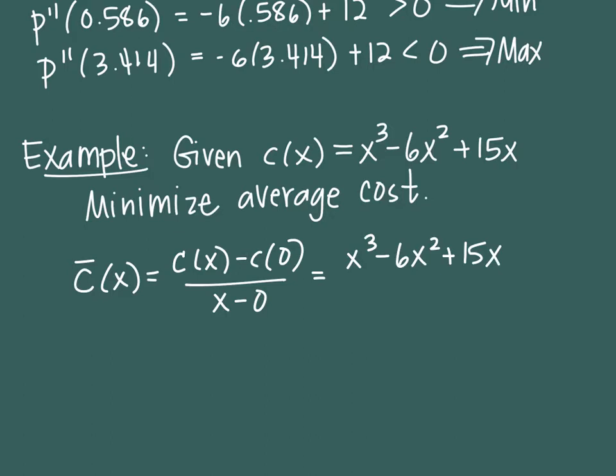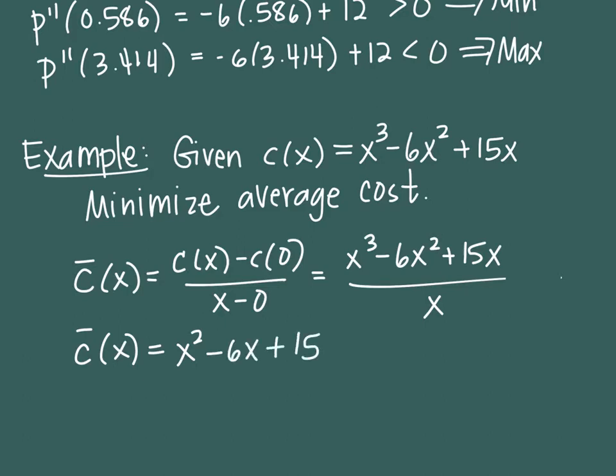And then C of 0 is 0, so minus 0, over x minus 0, which is just x. So when I subtract 0, that's not going to affect my numerator at all. So I think I'm just going to get rid of it. And so my equation simplifies. I reduce by x, and my C bar equation is x squared minus 6x plus 15.